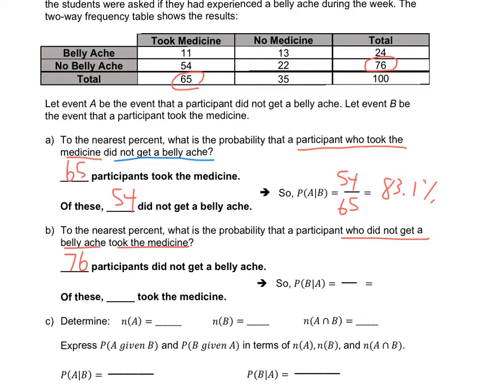And of those 76 people, how many took the medicine? 54. So this probability is 54 over 76, which is 71.1%. So it's different than the previous one. That means something in terms of independence, these two events being independent from one another. But that is something we're going to talk about more next time.